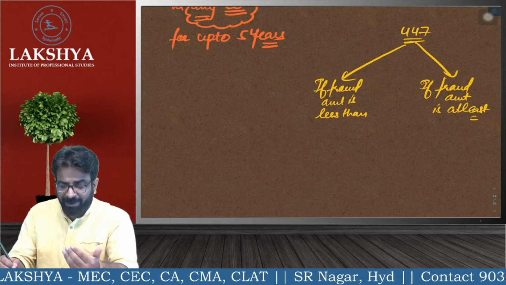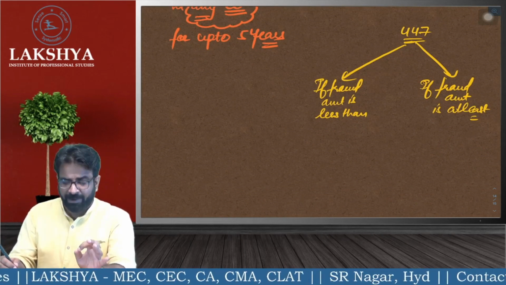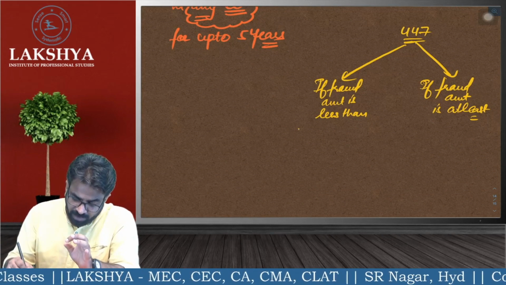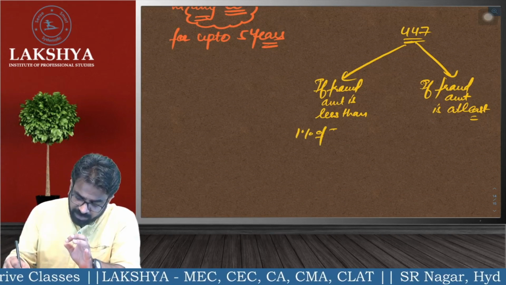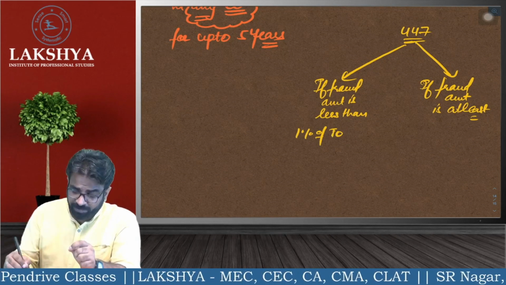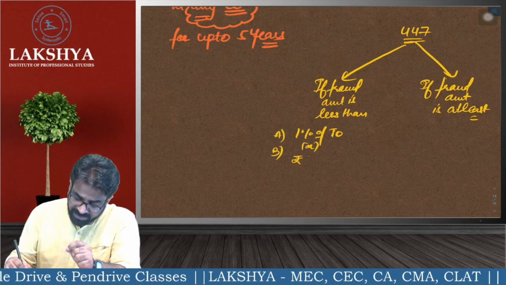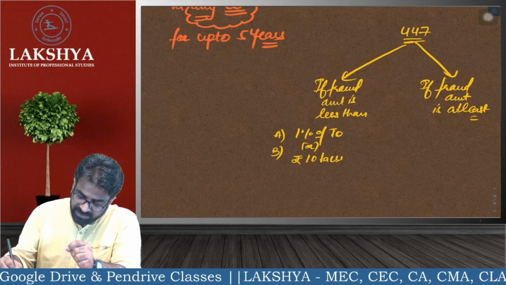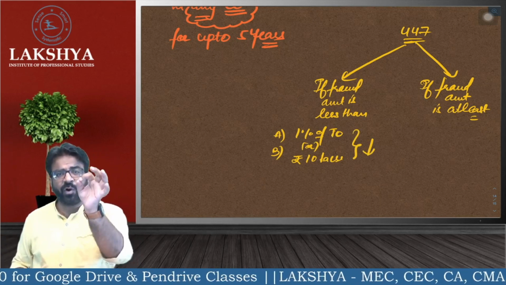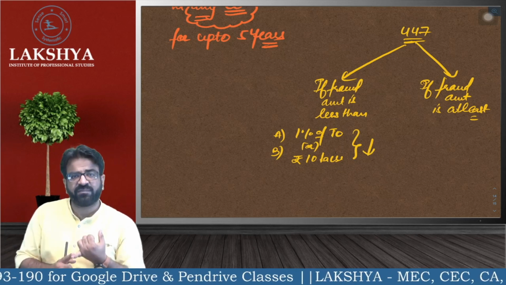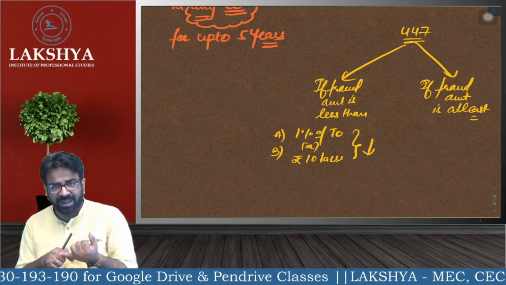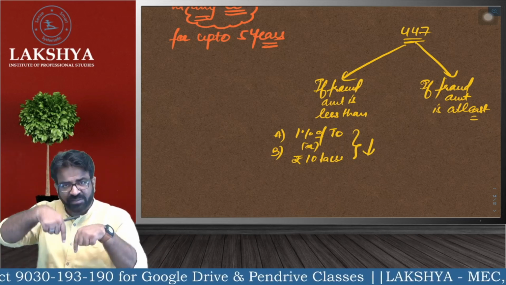If the fraud amount that happened in the company is less than what? 1% of the turnover of the company, or rupees 10 lakhs, whichever is lower.